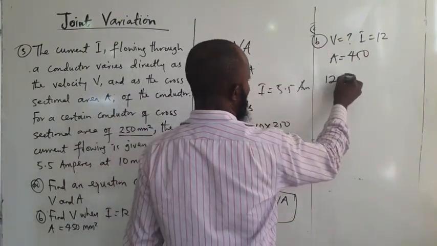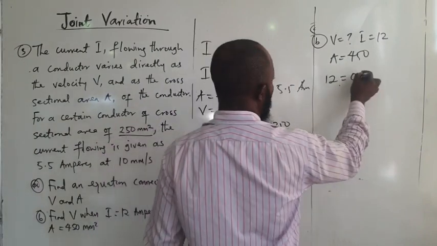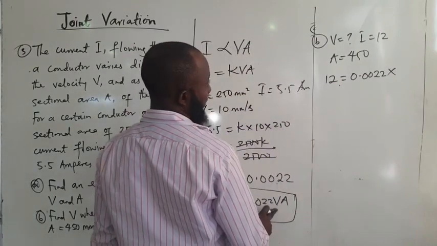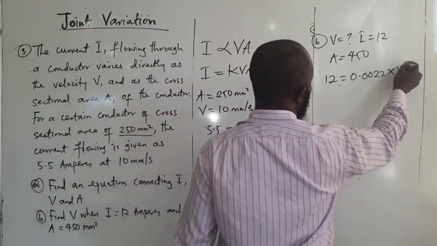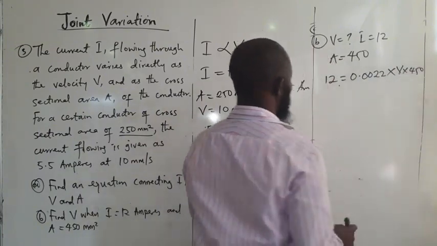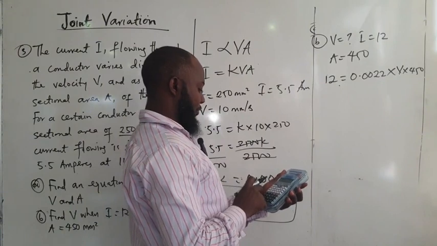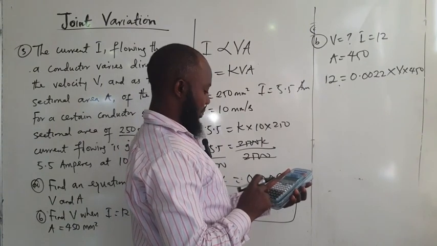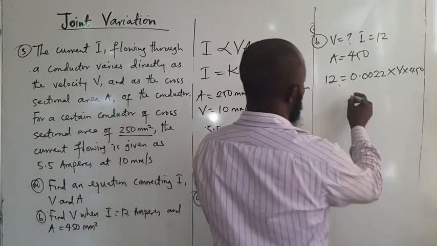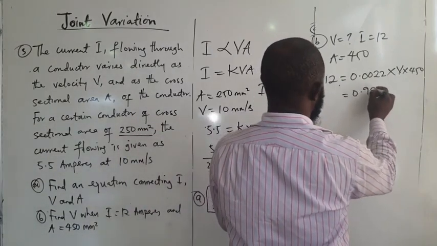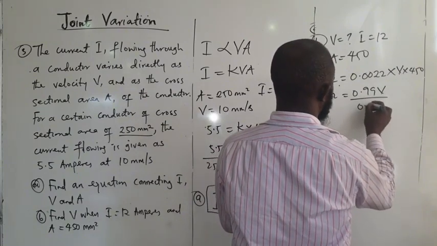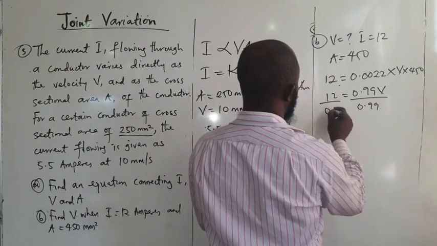So I, which is 12, equals 0.0022 times V, V is what we are looking for, times A, which is 450. So 450 times 0.0022 gives us 0.99 V. 12 equals 0.99 V. Divide both sides by 0.99.